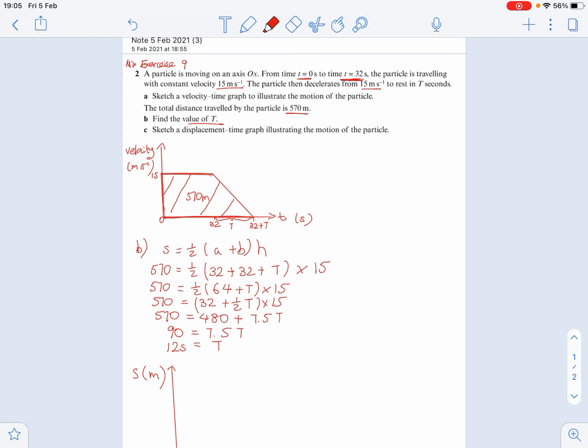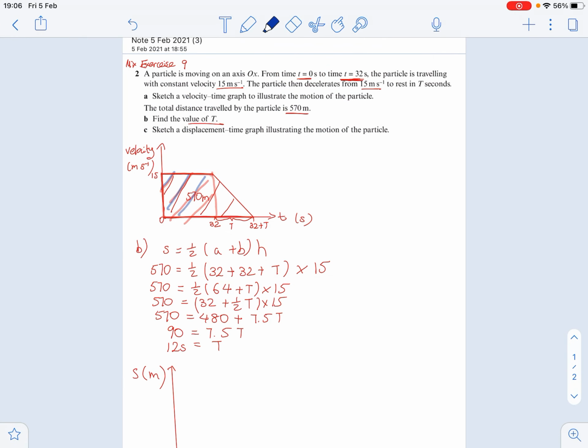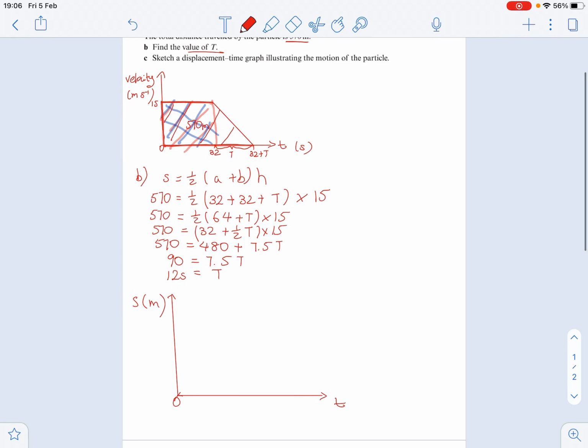If we look at our velocity time graph, this area here is how far the particle traveled in 32 seconds. So this is the distance traveled. What I shaded in blue is the distance traveled in 32 seconds, which is a rectangle. So we have 32 multiplied by 15, so it's 480 meters.